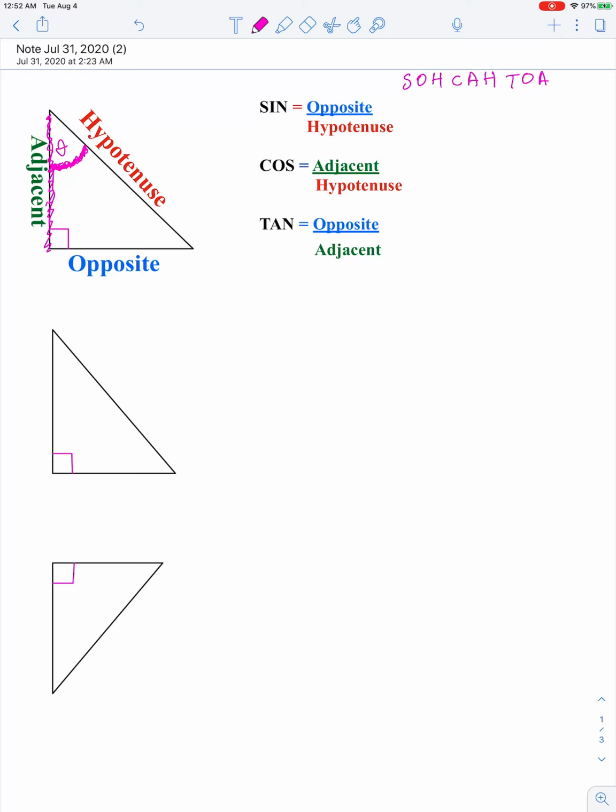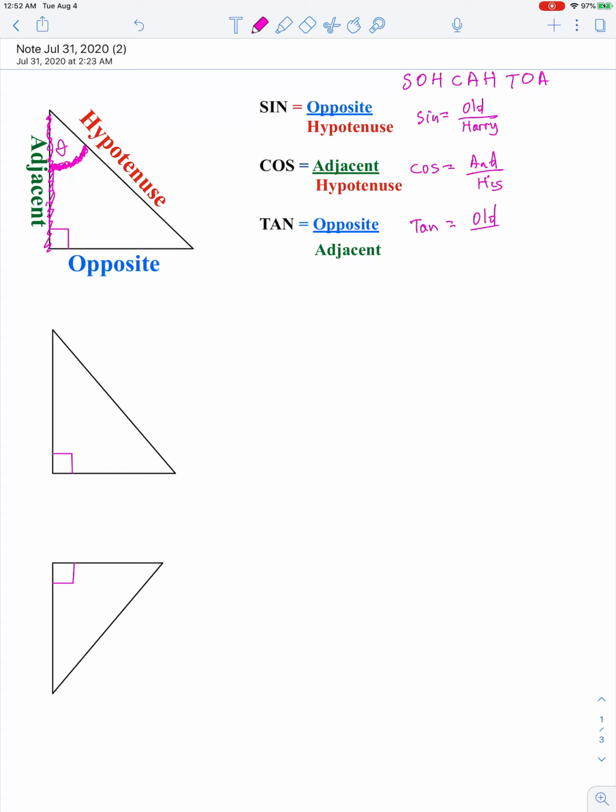The way I learned it was sine is equal to Old Harry. So that's sine is equal to opposite over hypotenuse. Cosine is equal to And His, that's cosine is equal to adjacent over hypotenuse.